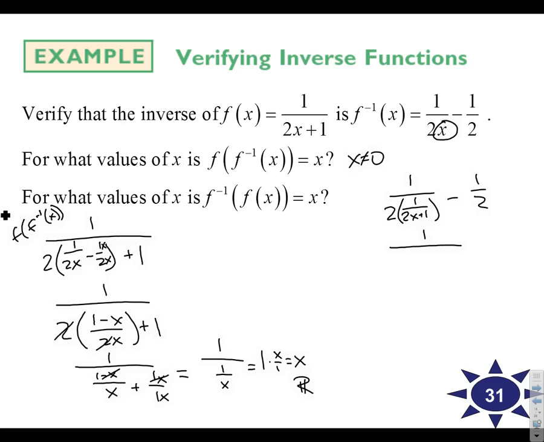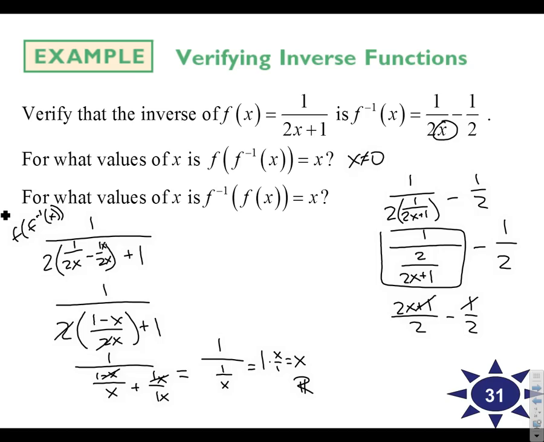So this will be 2 over 2x plus 1. And then we're going to say minus a half. Okay, so this 1 over that would flip over, would become 2x plus 1 over 2 minus 1 over 2. So since we have a common denominator, plus 1 and minus 1 cancel, so now we have 2x over 2, which equals x. We're in business.